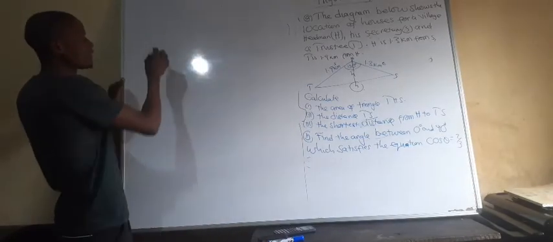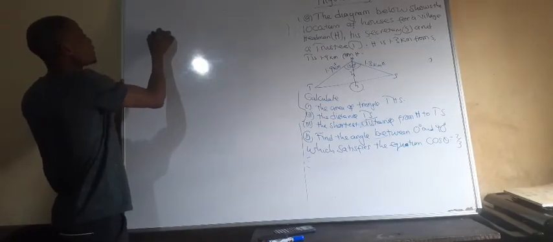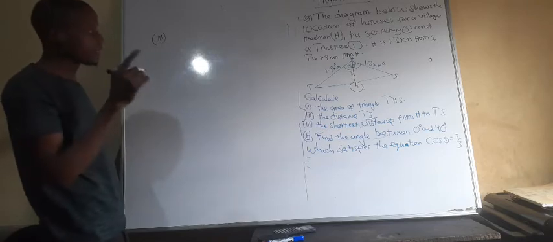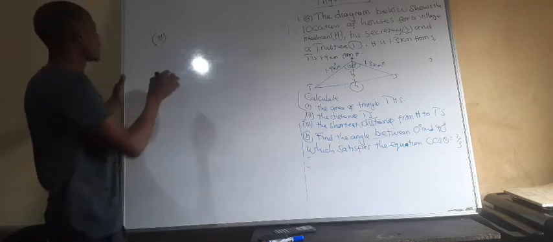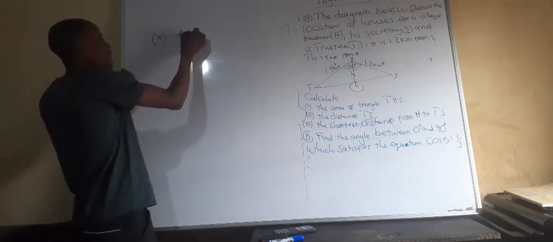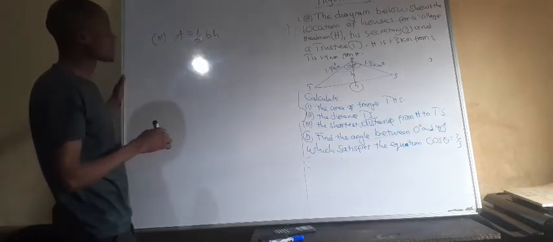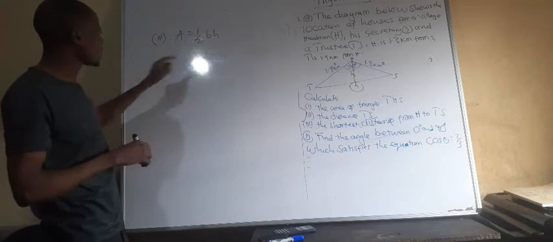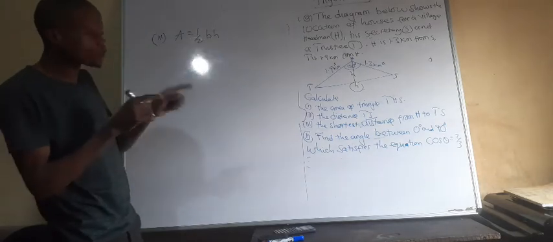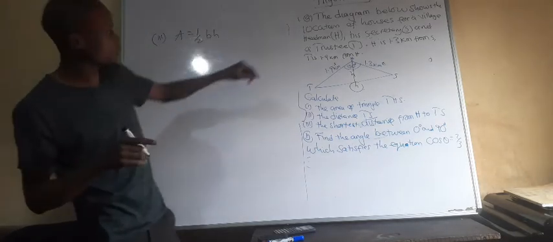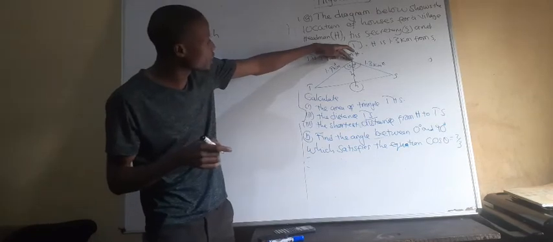So to find the shortest distance, we commonly use the formula for area of the right angled triangle. So we have area is equal to 1 over 2 bh. B is the base, h is the height. Now the base is the distance where that short distance is going. So the short distance is moving from H going to TS.